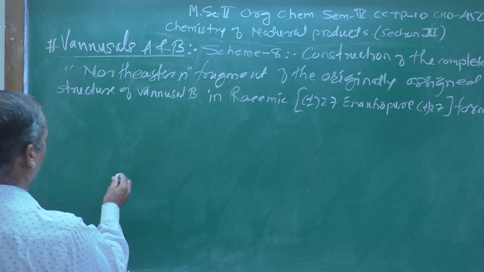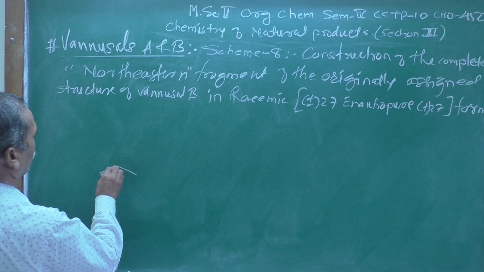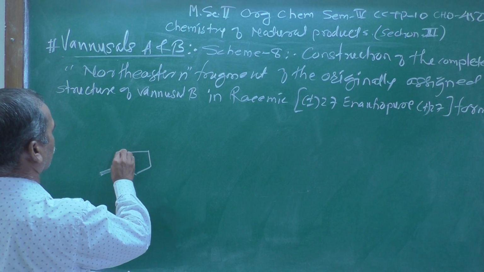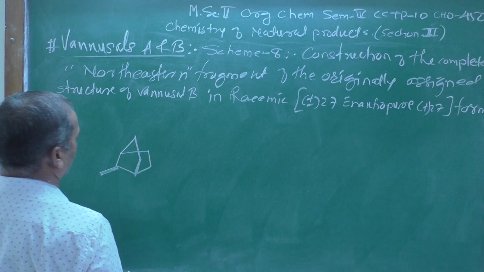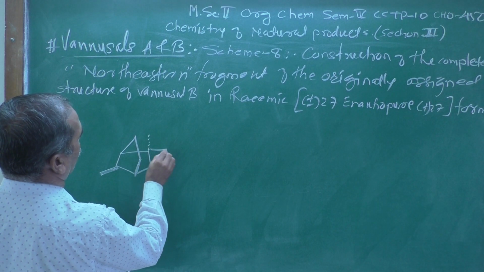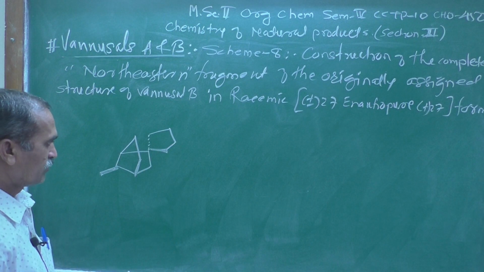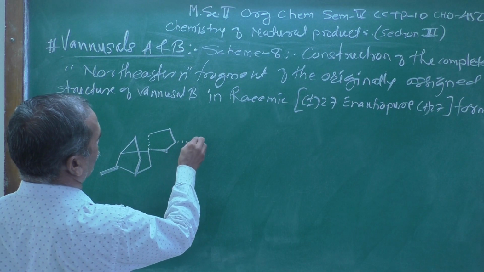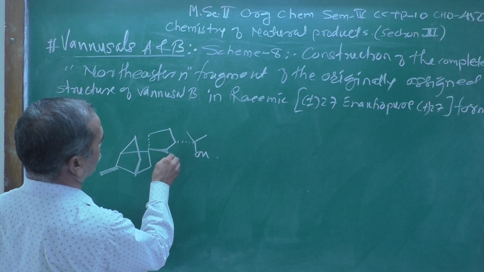Let me draw it once again. Here you can watch carefully. This is a 5-membered ring, further connected with another 5-membered ring, where there is a tertiary hydroxy group.